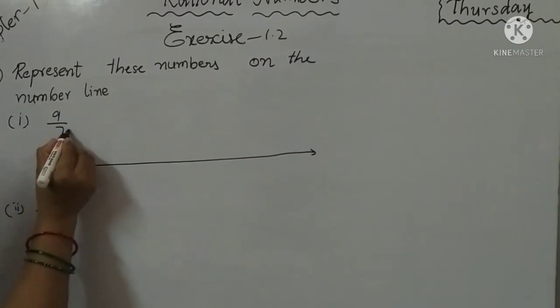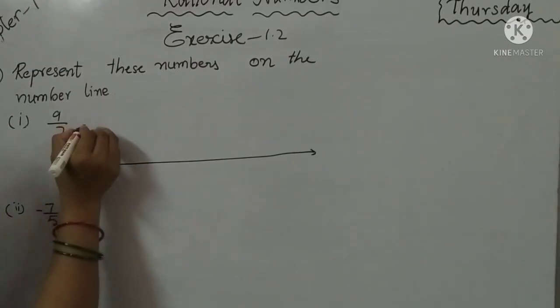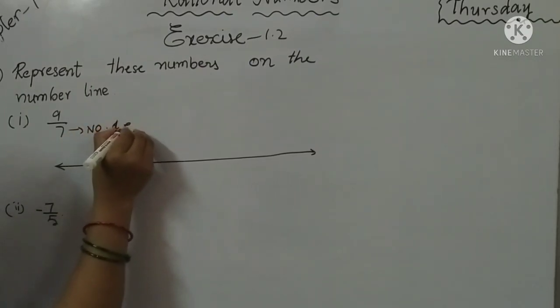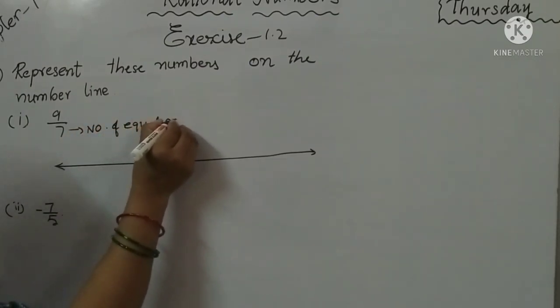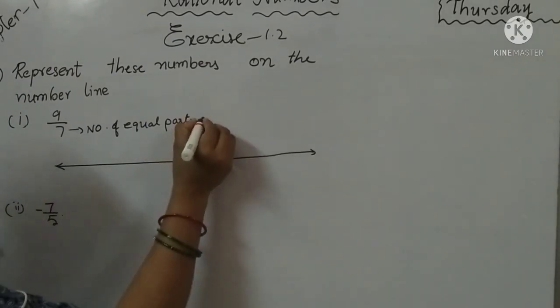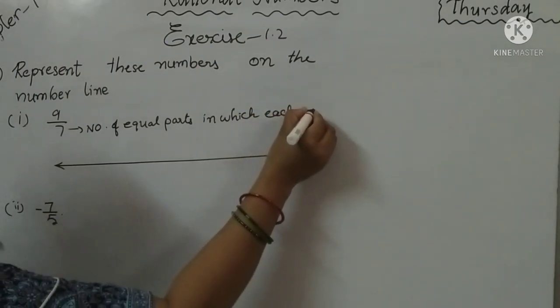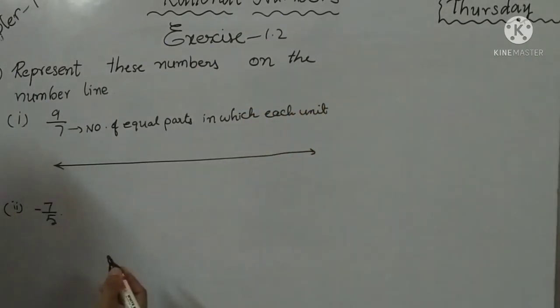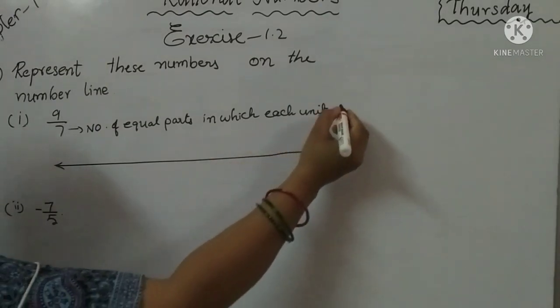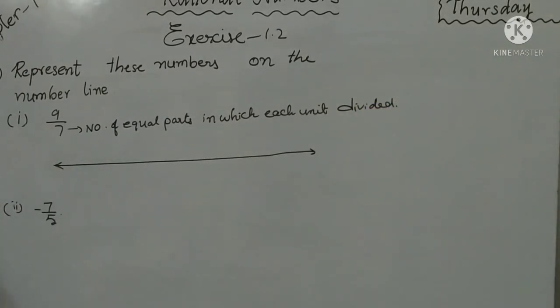Here the denominator tells the number of equal parts into which each unit has been divided. Okay. So, what does the numerator tell?